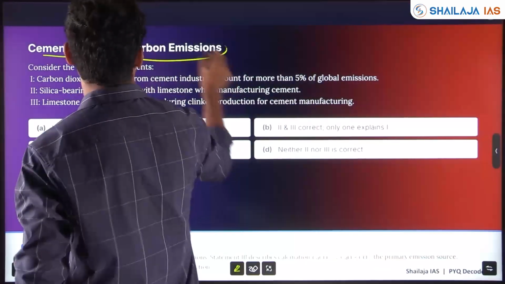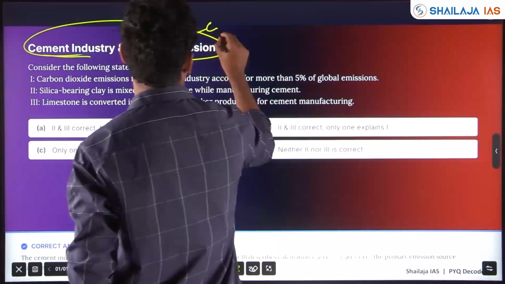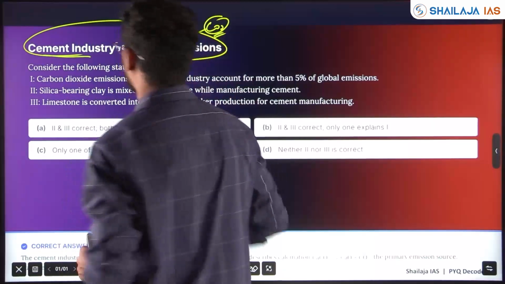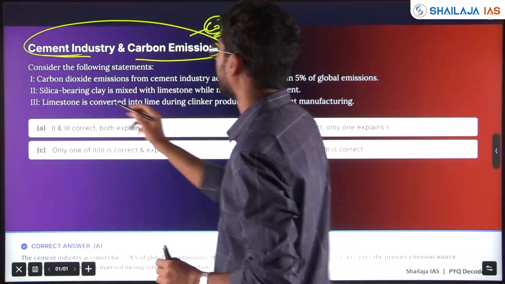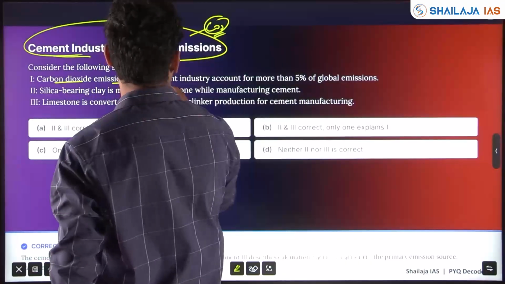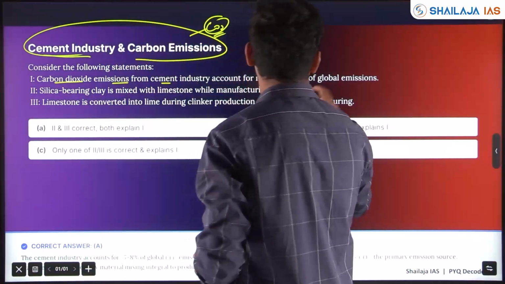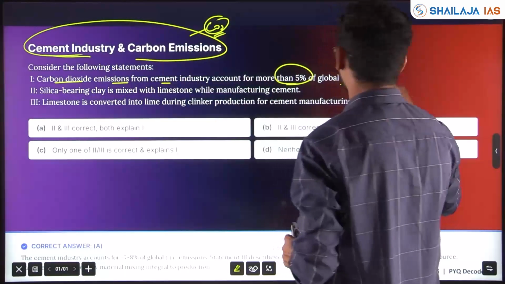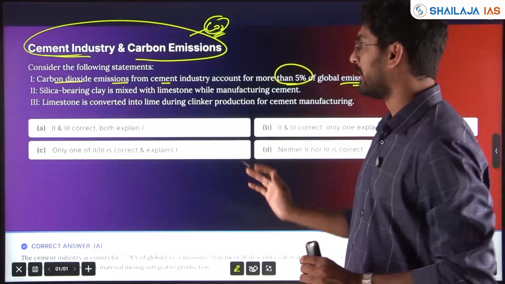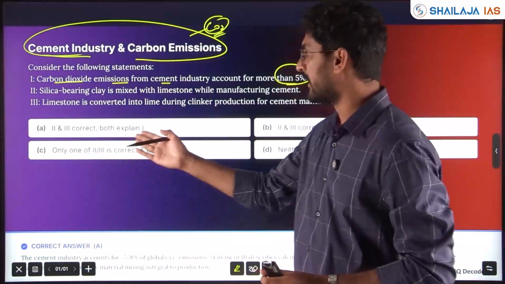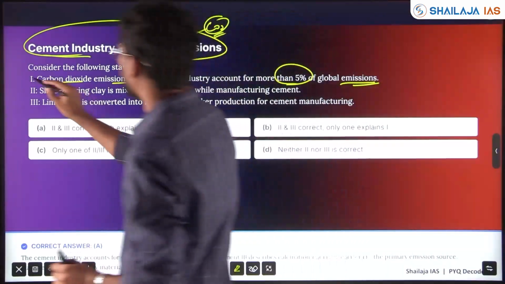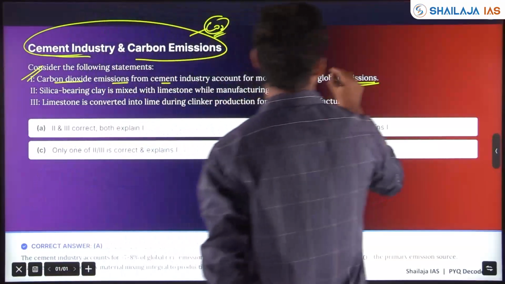Cement industry and the carbon emissions, right? CO2 emissions of cement industry is asked. Consider the following statements. Carbon dioxide emissions from cement industry accounts for more than 5% of global emissions. See the options here. He's not telling about option 1. Option 1 is default correct.